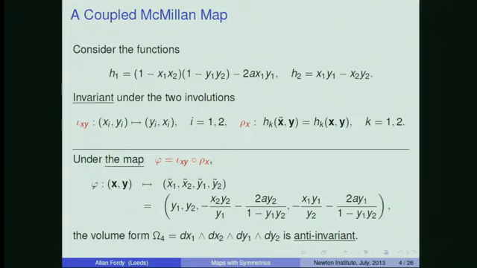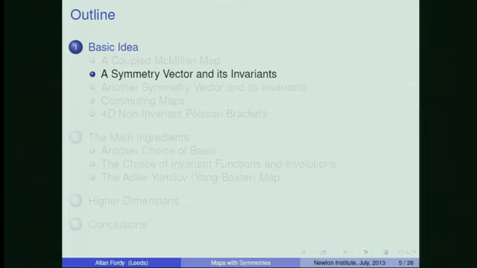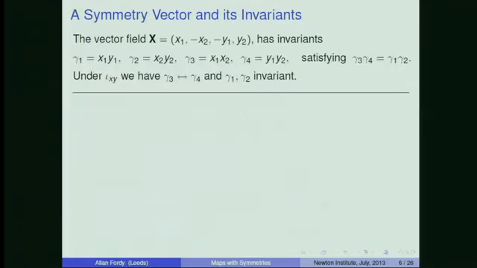This particular map is anti-invariant. This volume form is anti-invariant, so it maps to minus itself. So I'm going to show this in a moment. See these Hamiltonians, they have a certain symmetry property. So let's look at this simple vector field, just for x1, minus x2, minus y1, y2.